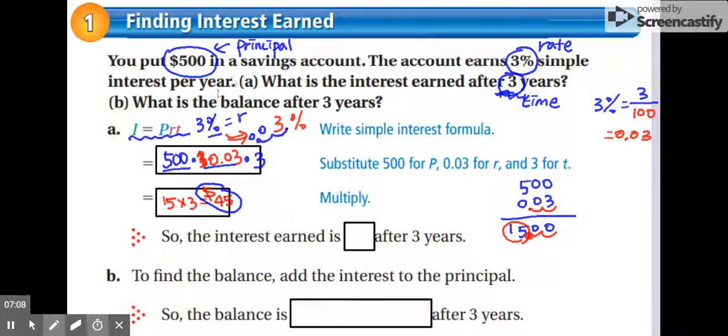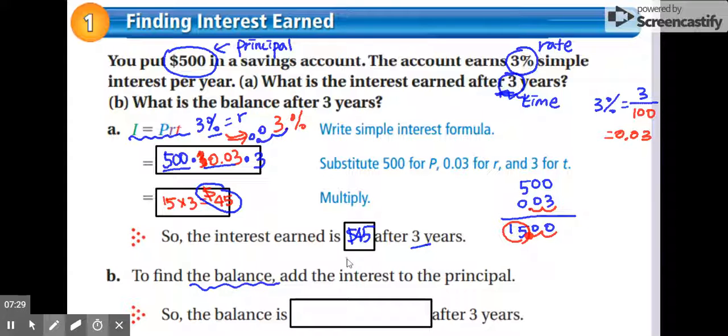You let them use it and you earned some amount of money for the use of the money. The interest earned is how much is it? $45 after 3 years.